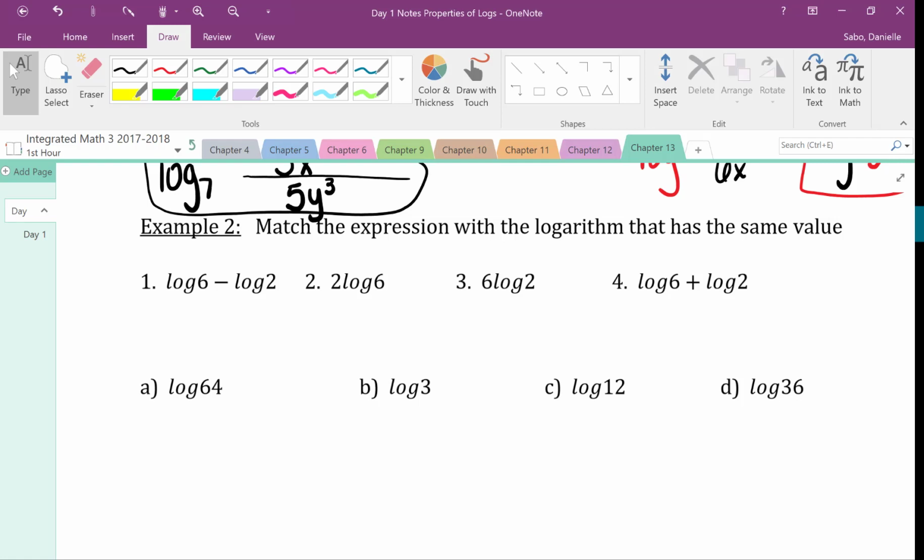We're dealing with them when they see subtraction. We divide exponents. You subtract these. Is that right?